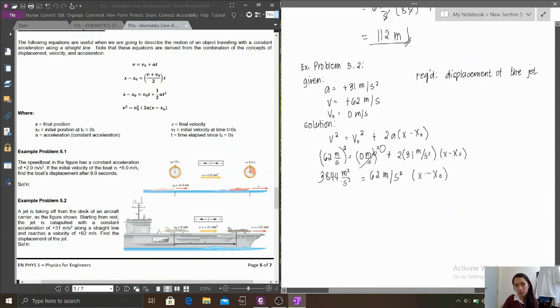Then, we can now get the displacement. x minus x sub o is equal to 62 meters.